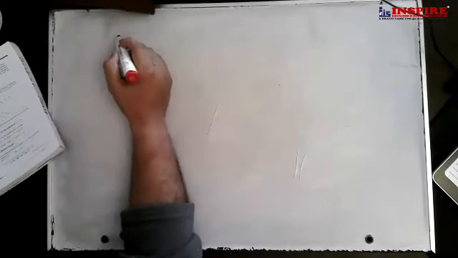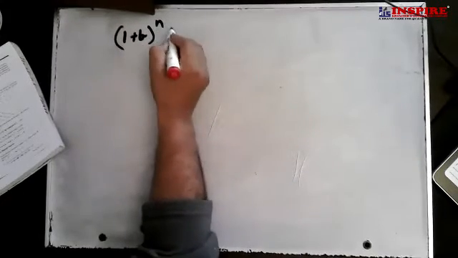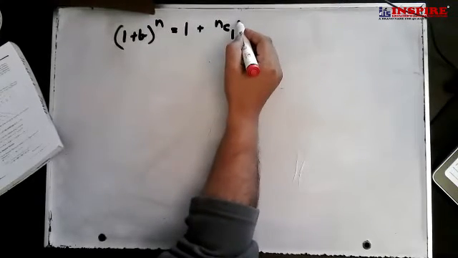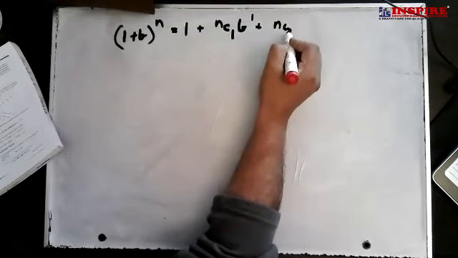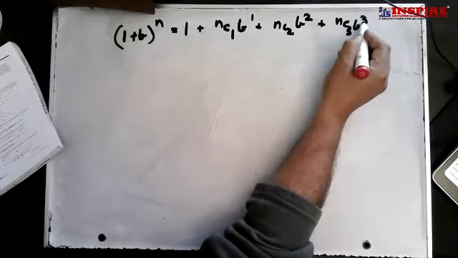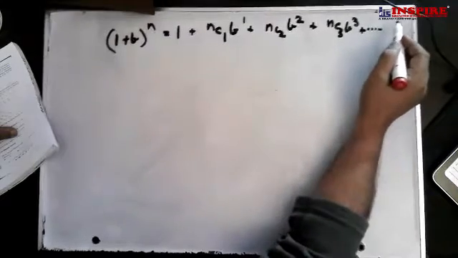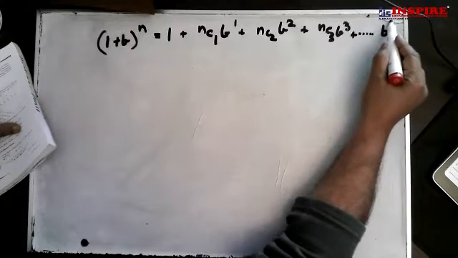So now what I'm going to do is take this off and try to give you a shortcut method, which is the actual standard formula. It says 1 plus b to the power of n is 1 plus nC1 b to the power of 1 plus nC2 b to the power of 2 plus nC3 b to the power of 3 plus dot dot dot plus b to the power of n.